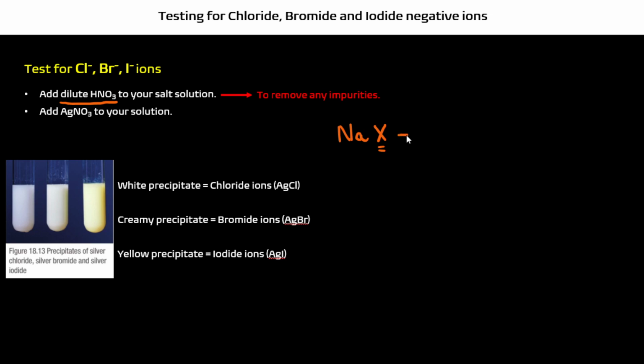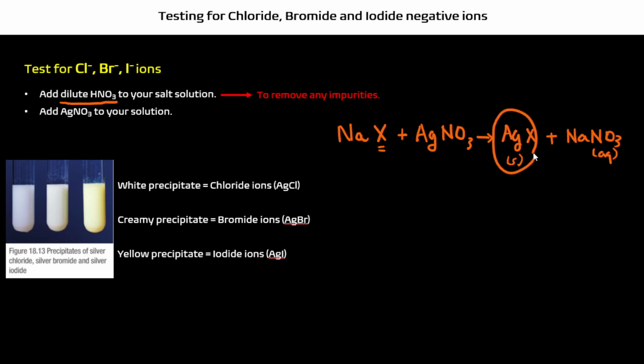Afterward, we will add silver nitrate to our salt solution, and we are going to produce silver halide plus sodium nitrate. Sodium nitrate will be aqueous and silver halide will be a solid. So based on the color of this silver halide, we know which ion we have.